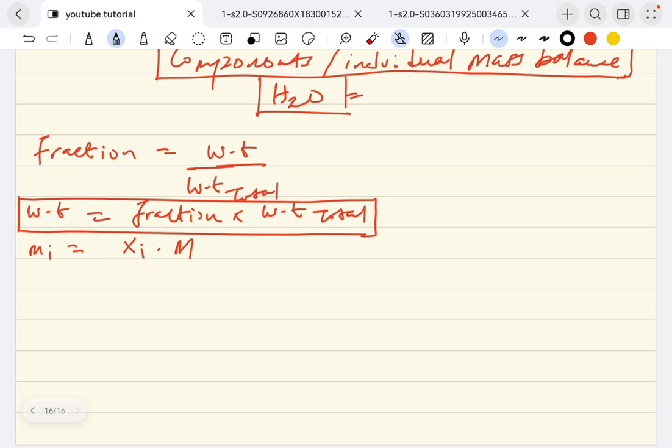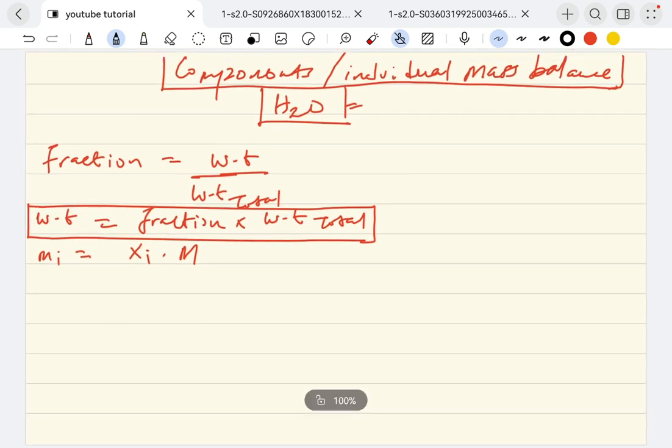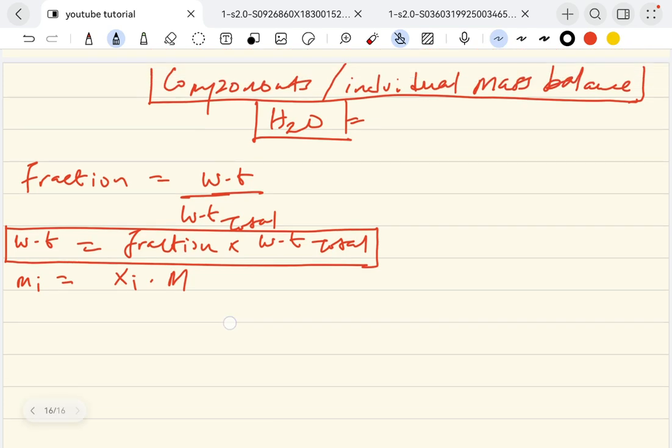If we know the fraction is simply weight over total weight, then to calculate the weight, it's simply cross multiplying. So the weight is the fraction multiplied by the total weight.